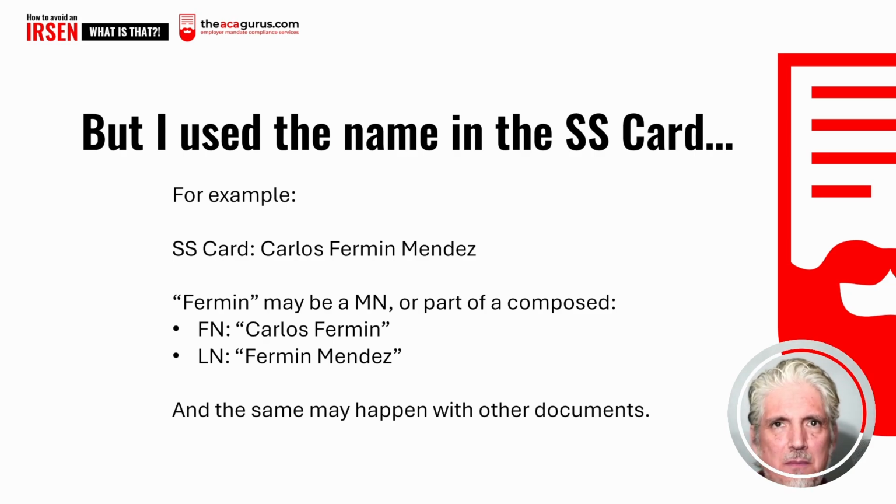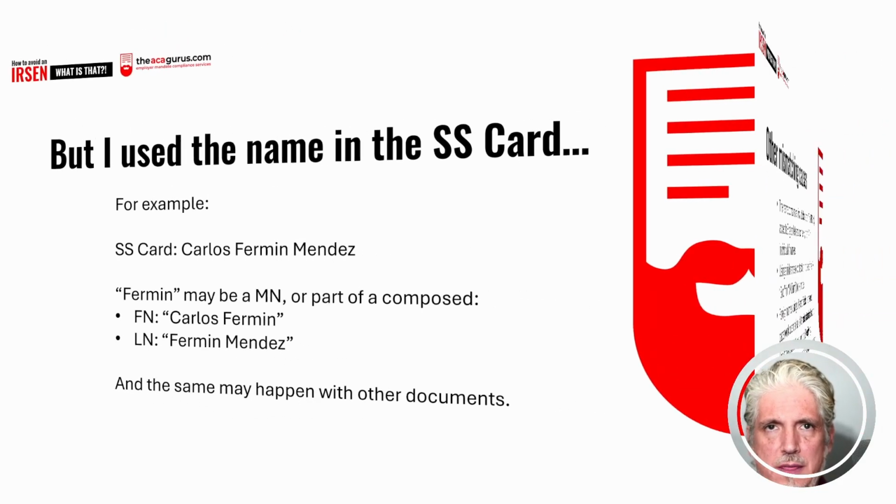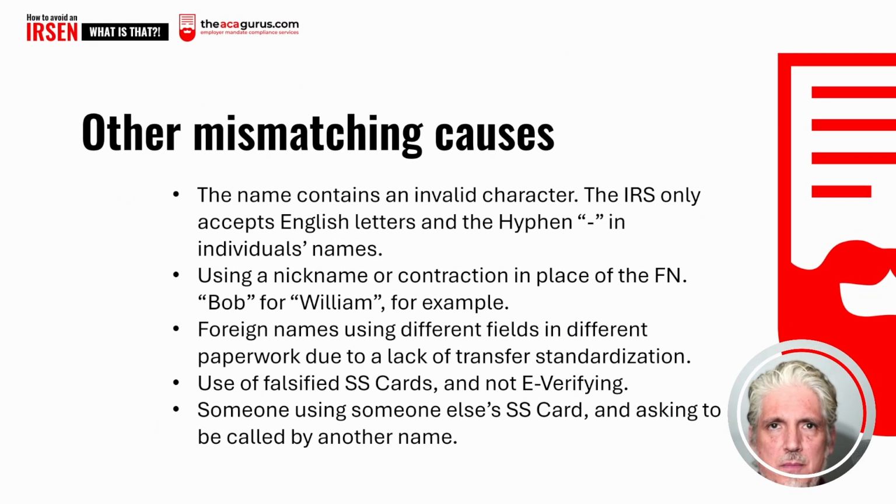So that brings confusion, that if you use the Social Security card to take the name, it still might not match the IRS's, even if the names are actually the ones that the IRS has on file, especially that middle name might make the name not match. So you have to be careful.